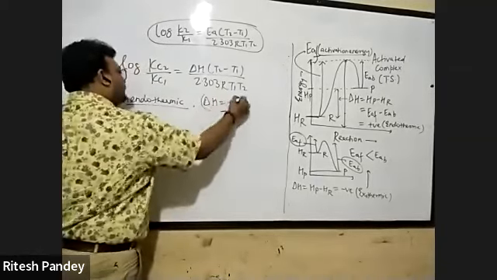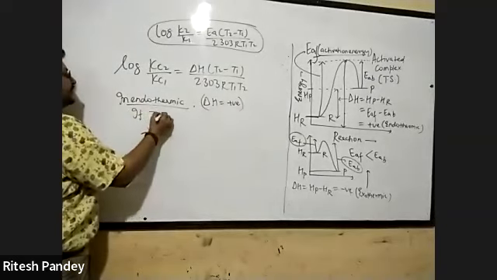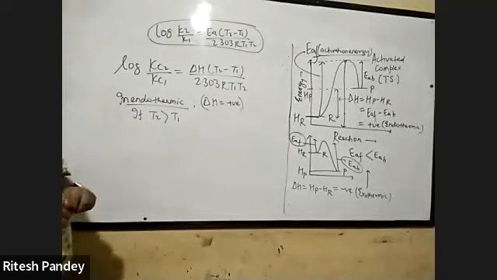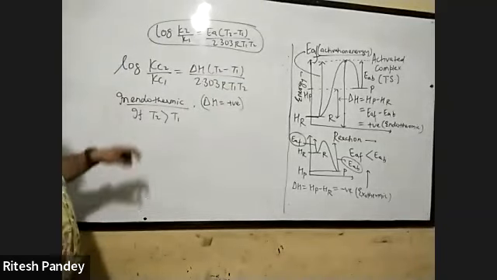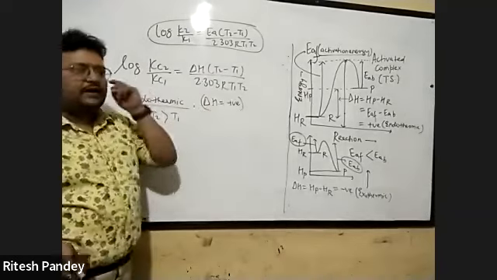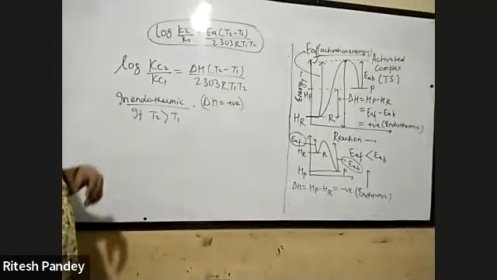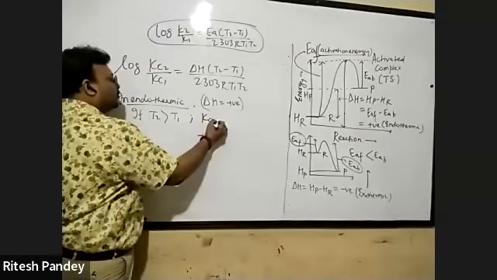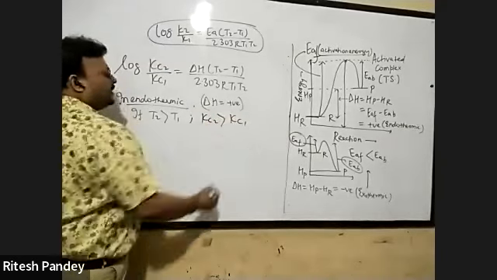So if T2 is more than T1, all of this will be positive, and all of this being positive will mean Kc2 is more than Kc1.